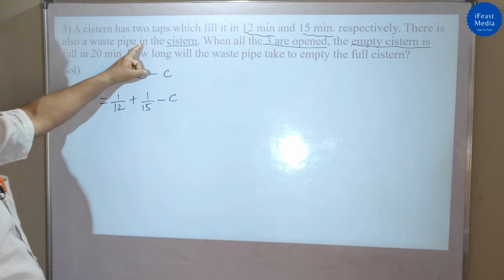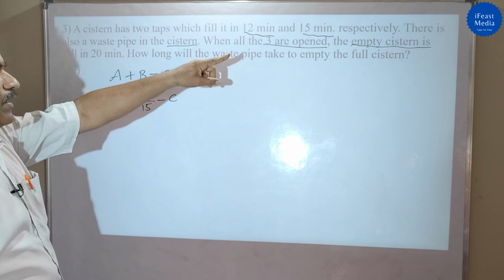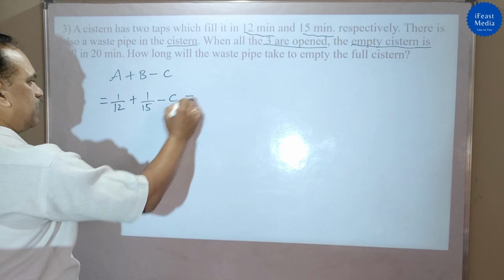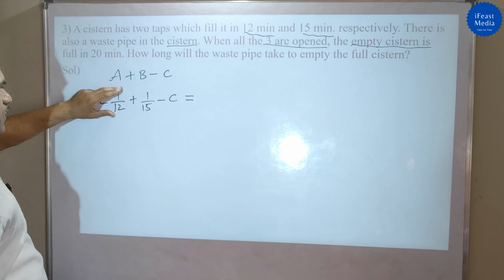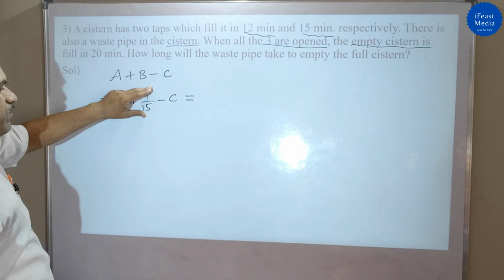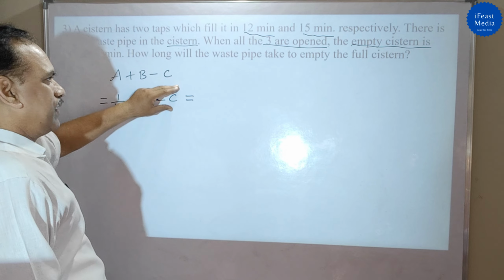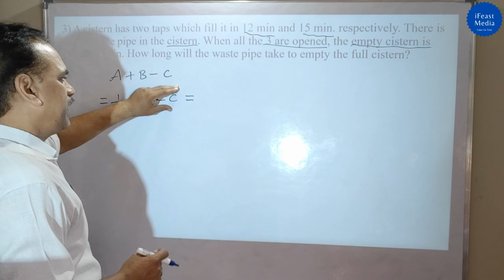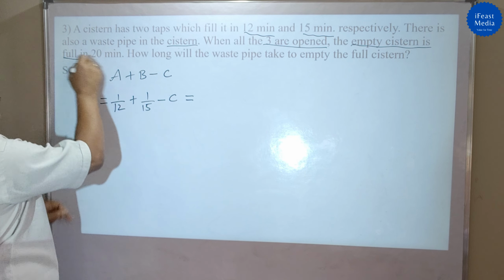So there is a waste pipe in the cistern. When all 3 are opened, what is happening? The part filled by A in 1 minute plus the part filled by B in 1 minute minus the part emptied by C in 1 minute is equal to 1/20 part of the tank in 1 minute, since it is full in 20 minutes.